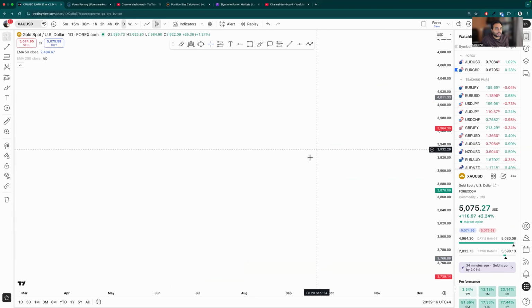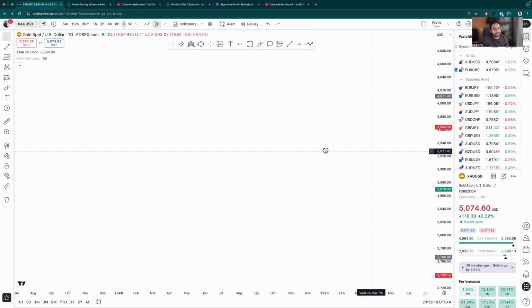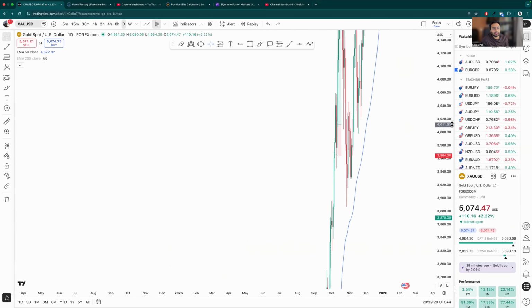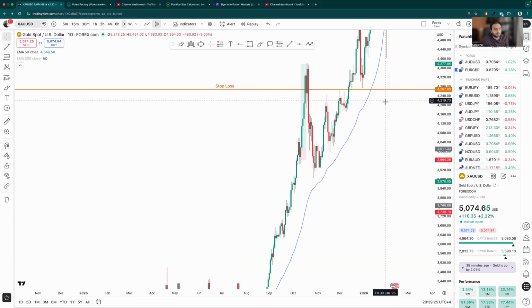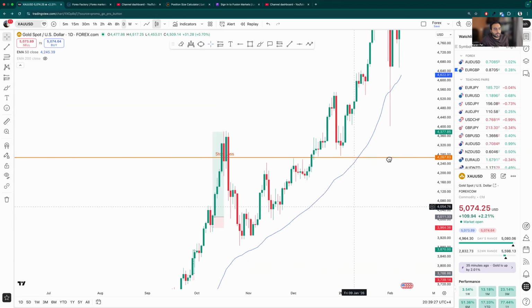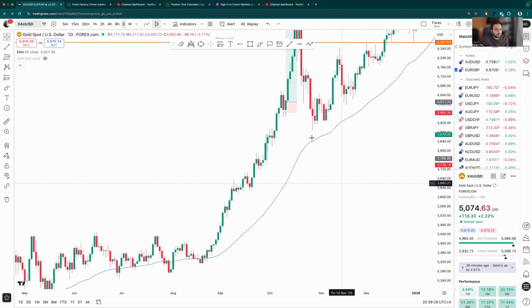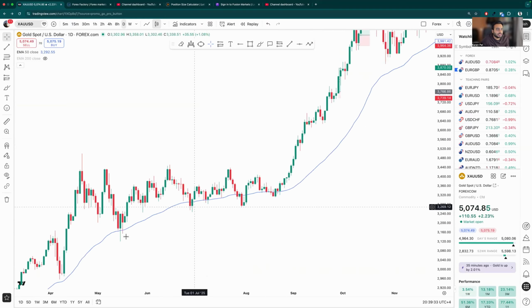EMA trading is not actually just EMA trading. It's more of trading with all the technical things you have got, all the understanding of price action and all that stuff. So now you can see whenever price comes near the daily EMA, it moves up, right? It's never really breaking and continuing towards the downside.